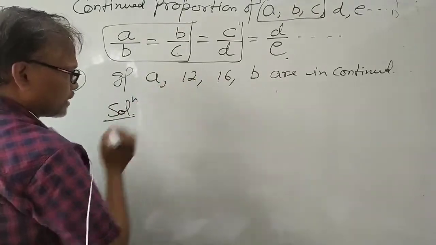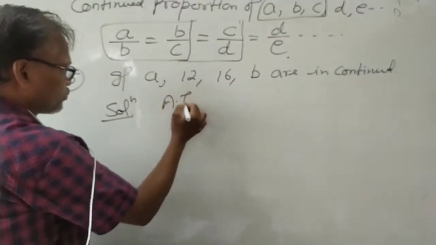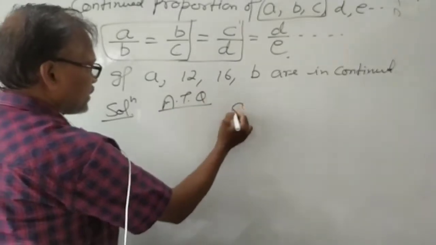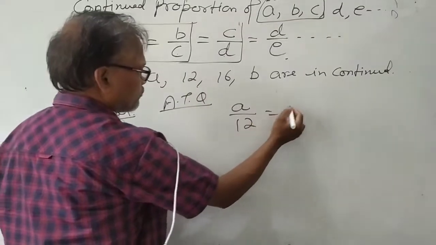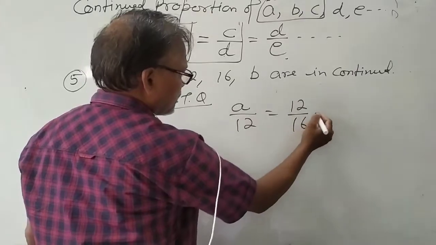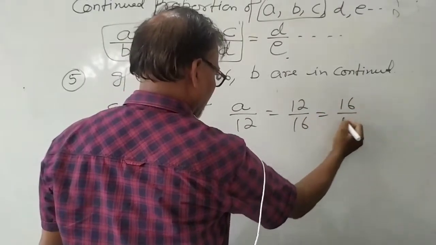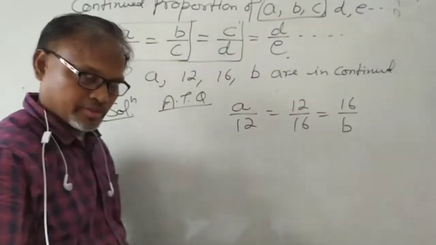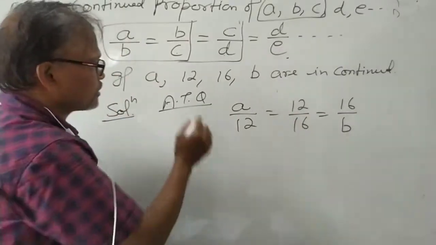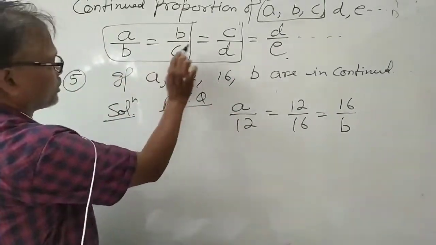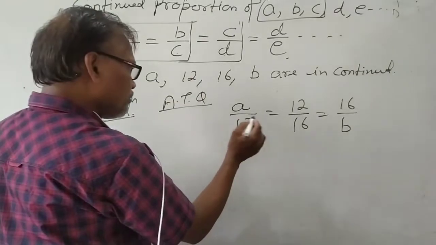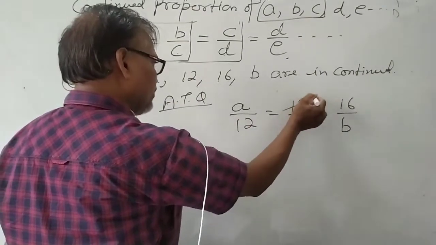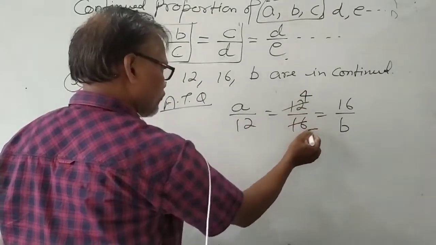If these are in continued proportion, then according to the question, A upon 12 is equal to 12 upon 16 is equal to 16 upon B. Can you write? Yes, because there are 4 numbers, so 3 ratios. Now if you simplify, 4 threes and 4 fours.